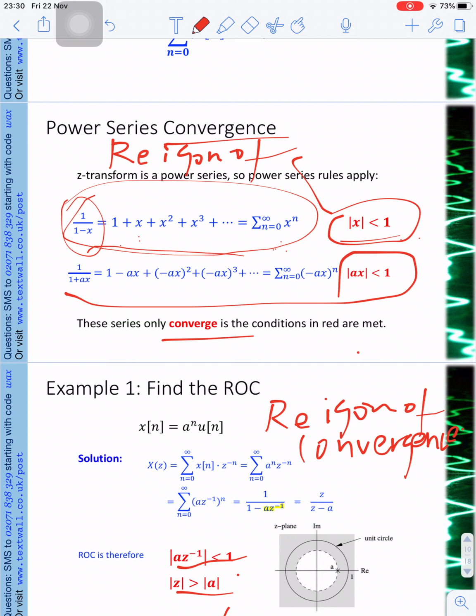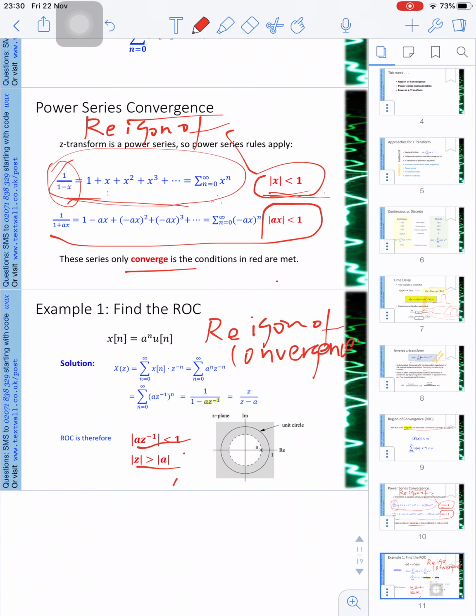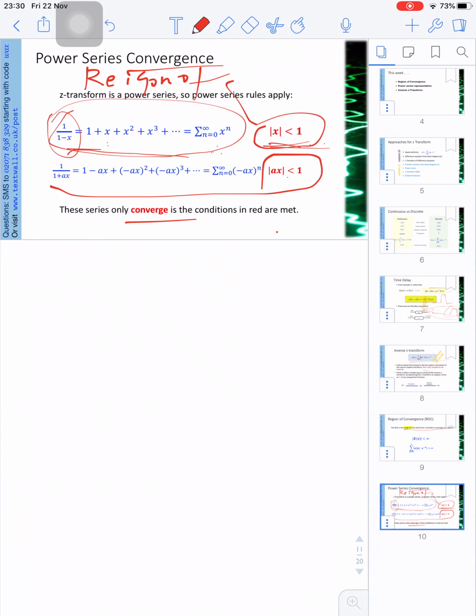The reason why we can get this: let's look at the original form.